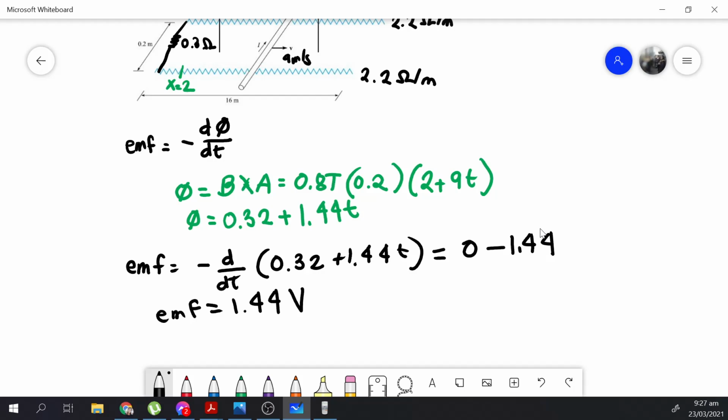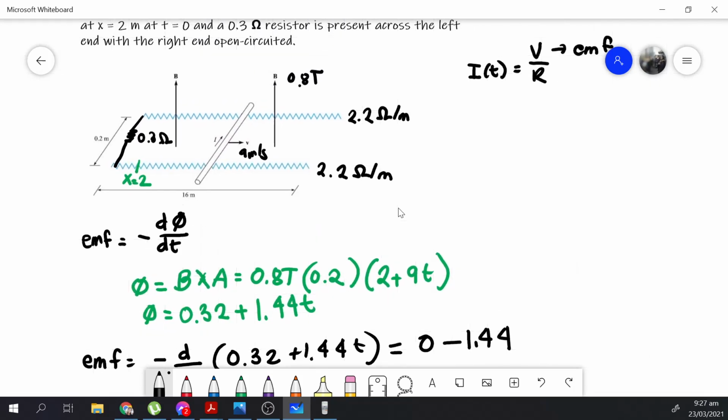Let us now calculate the resistance. Please take note that in this instant, when the bar is in motion, the resistance is also increasing with time. The resistance consists of the constant resistance on the left end and the moving resistance on the rails. So the resistance is changing with respect to time. We have the constant resistance, which is 0.3.